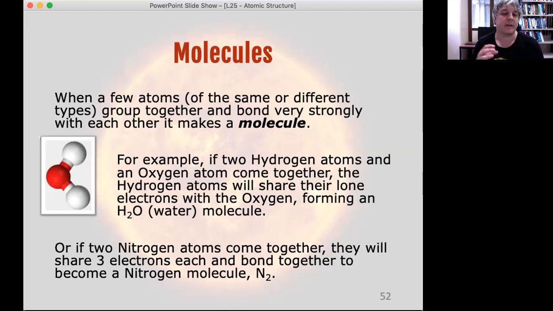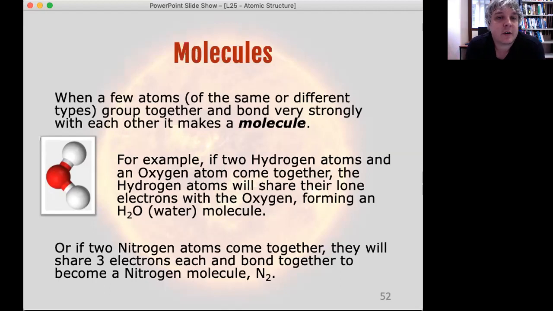They will bond. The two hydrogens will share an electron each with the oxygen, and we get H2O, which is water. That water molecule can then form a solid, it can become ice, or it can form a liquid, or it can form a gas and become gaseous water in our atmosphere. It can take any state, but that molecule will still stay as H2O.